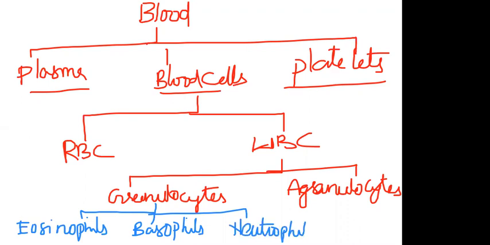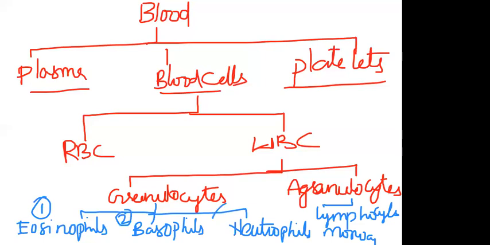Agranulocytes are classified into lymphocytes and monocytes. So the WBC are about 5 types. 1, 2, 3 are granulocytes. We say the 4 and 5 are agranulocytes.